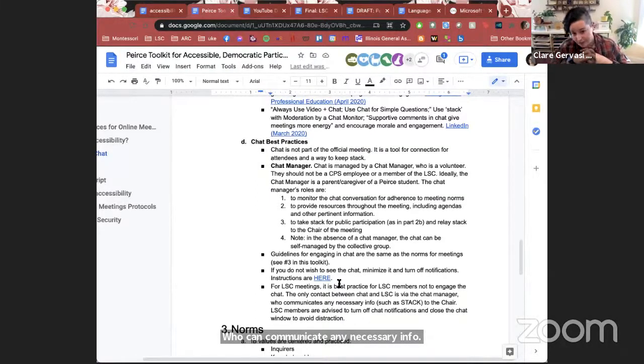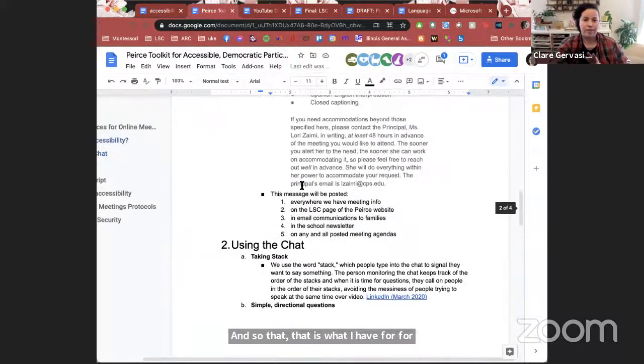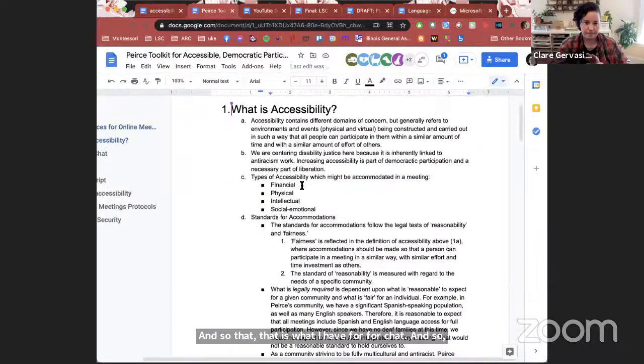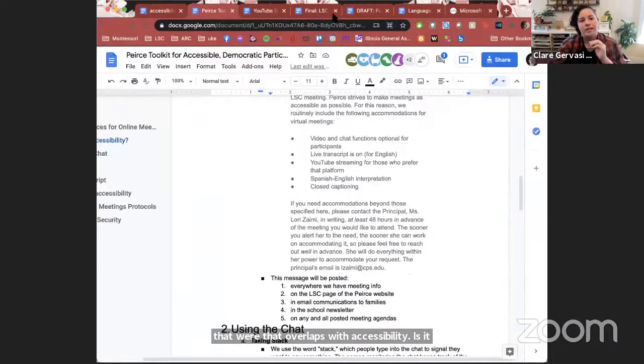LSC members are advised to turn off chat notifications and close the chat window to avoid distraction. And so that is what I have for chat. Where that overlaps with accessibility is in terms of, I'm going to stop sharing this for a second.